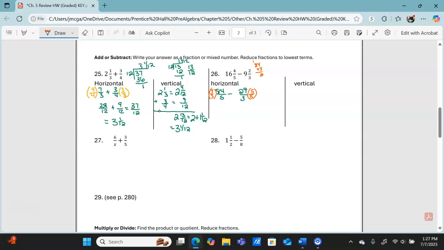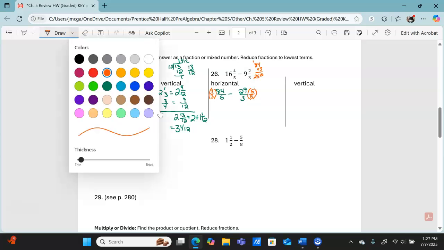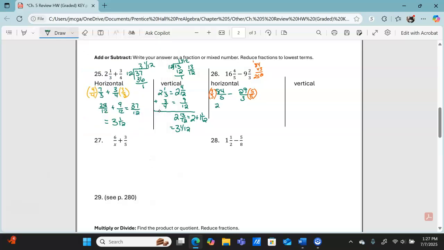84 times 3: 12, carry the 1. 24 plus 1 is 25. So we get 252 over 15 minus 29 times 5. 45, carry the 4, 10. We have 145.